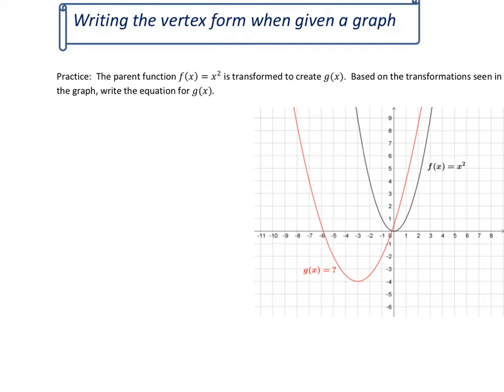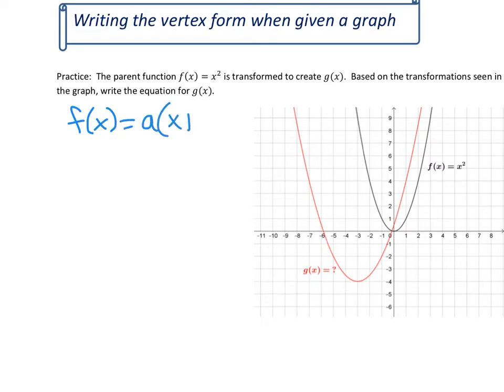And so we can see from the graph here that we have been translated left 3 units and we've been translated down 4 units. And it appears that we have some kind of compression. So I'm going to start out writing my function form here. My vertex form.